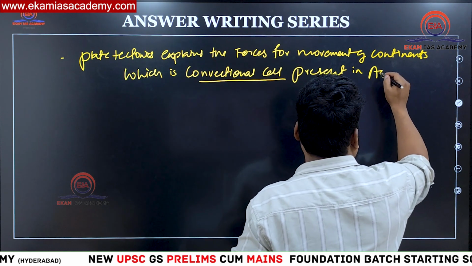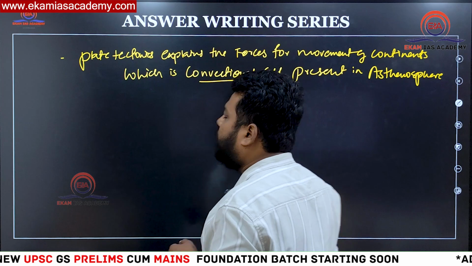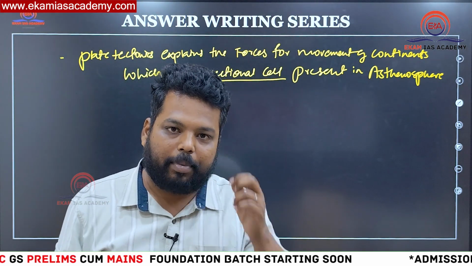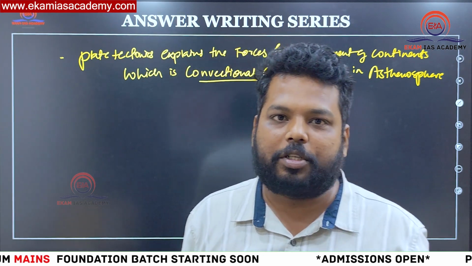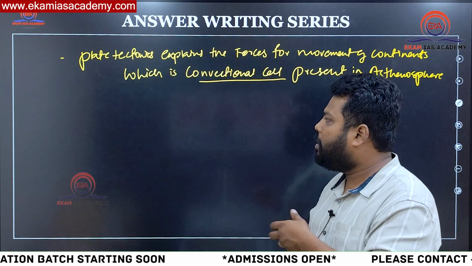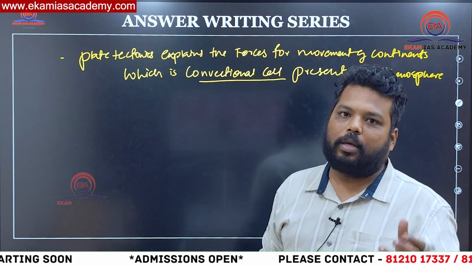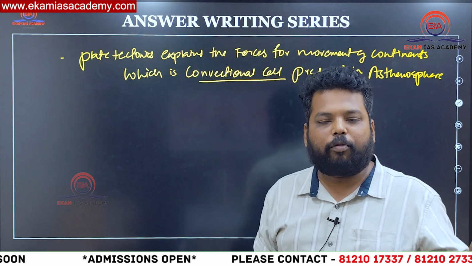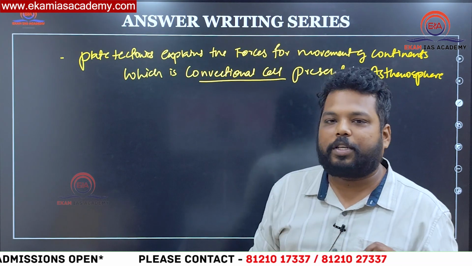In the asthenosphere there is magmatic content, so at different depths we find different temperatures, because of which a temperature gradient develops. That temperature gradient makes density differences happen, which results in movement of different density magma in a circular wave format called a convectional cell.